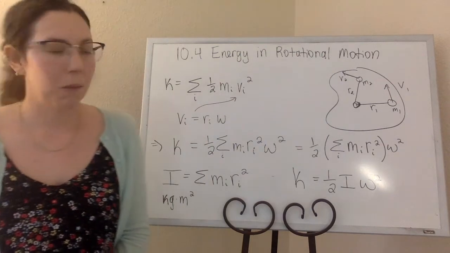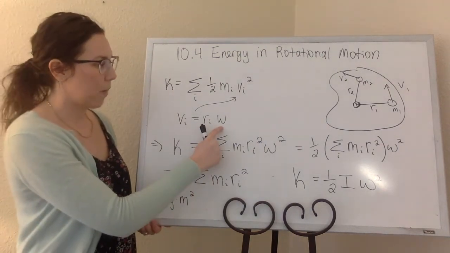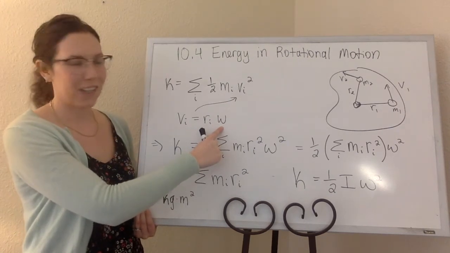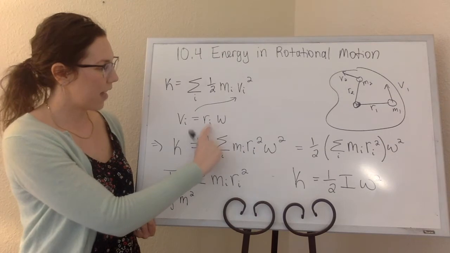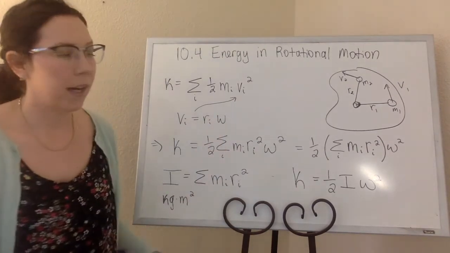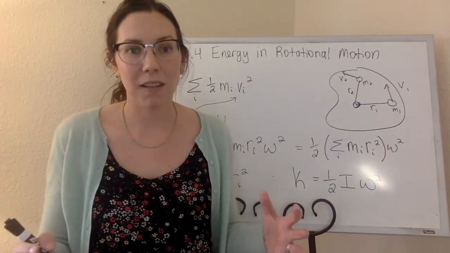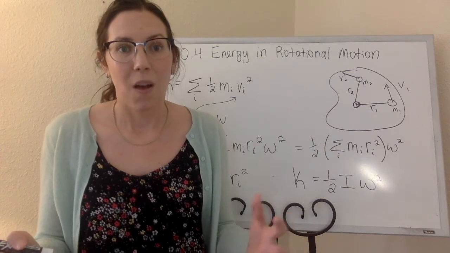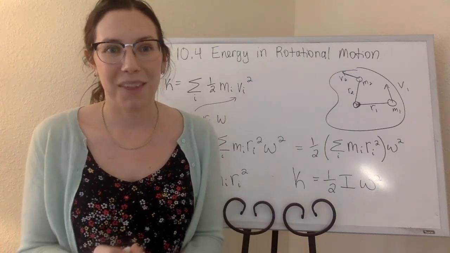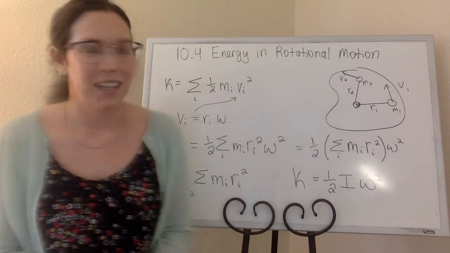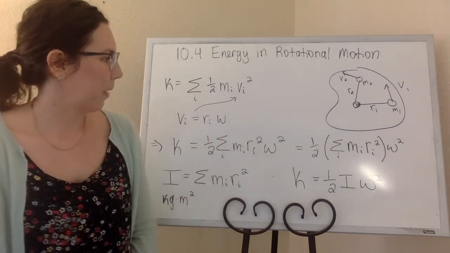To do that, I'm going to plug in v equals r omega, the relationship from the previous section. So I have v_i for each element, r_i. Omega I haven't labeled with a subscript because this object is rotating at one constant angular frequency, or at least at one moment in time, the entire object is rotating with the same angular frequency. So we don't need an i subscript there.